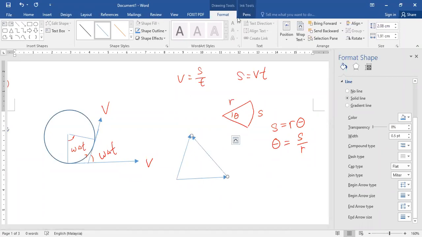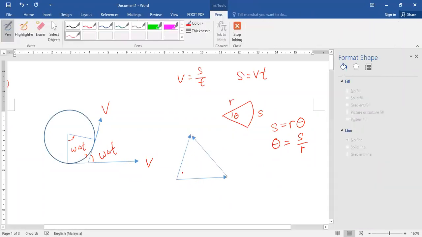So what is their relationship? This will be V, this is also V, where this gets omega times the change of time. So at the end, this will be the change of the angular speed.